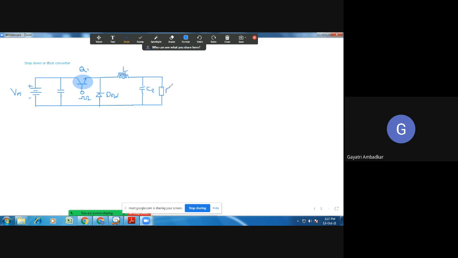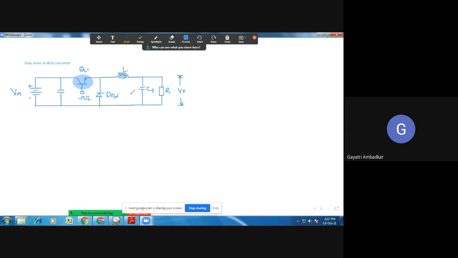This is load resistance R. Your output is available here, across this R, the output of the filter, VO. This is the diagram for the buck type of converter, the buck converter. Now let us see how it operates, why it is called step down or buck, meaning how the stepping down takes place.